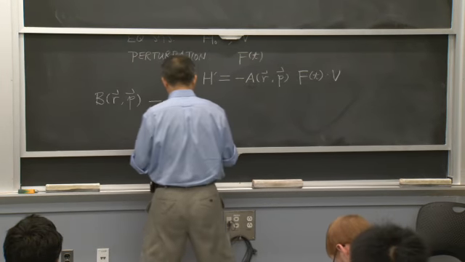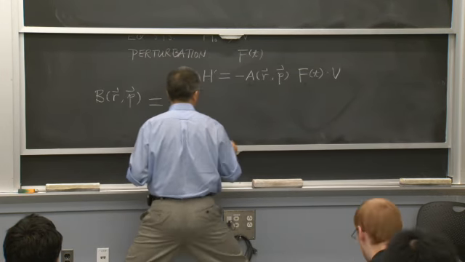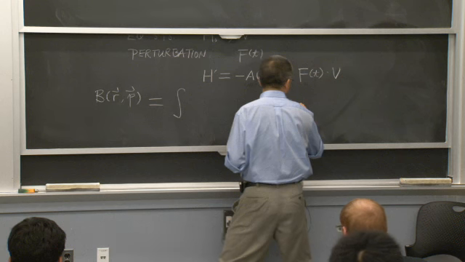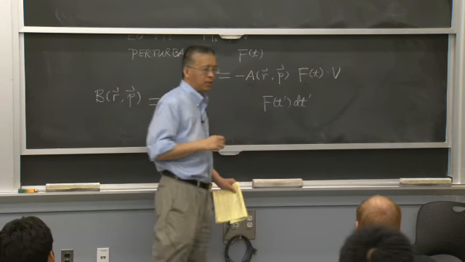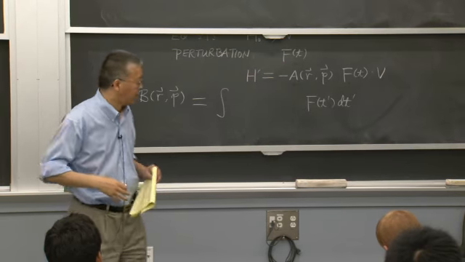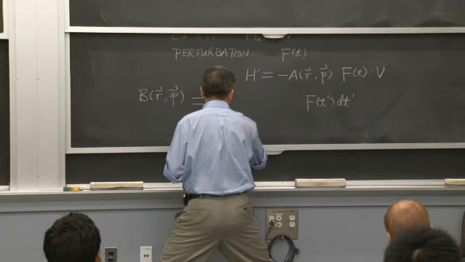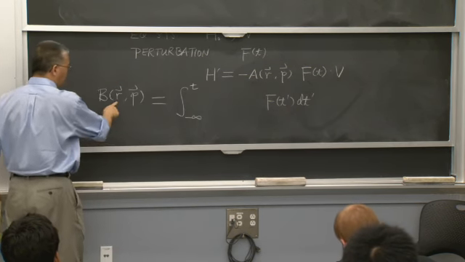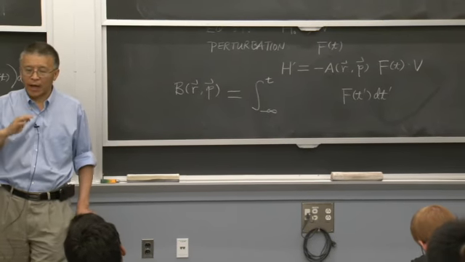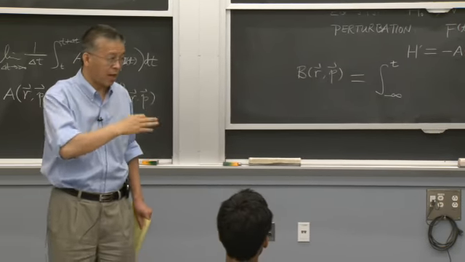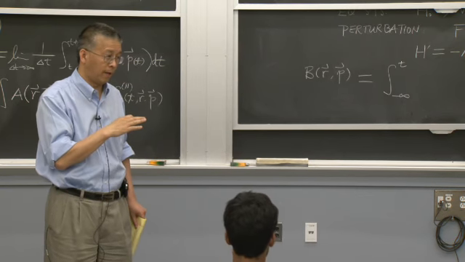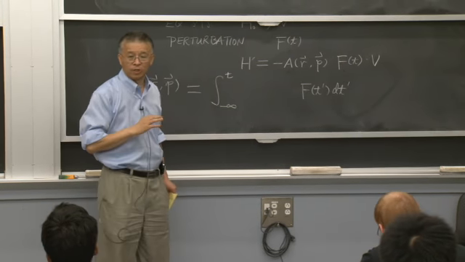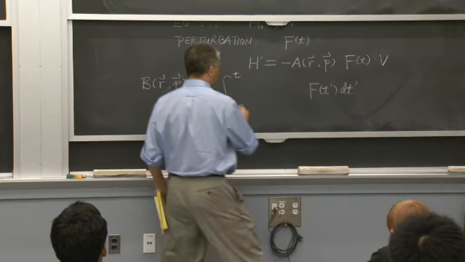And so what I have is this is my force I apply at certain time t prime, and this force could be continuously time varying, from the start of time to the current time, because the positions and momenta of the atoms in the system are changing as a function of time because I apply the external force, right? And this is just related to a response function here. And that's the function that I'm interested in.